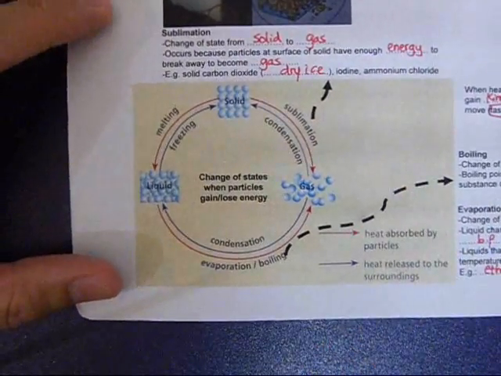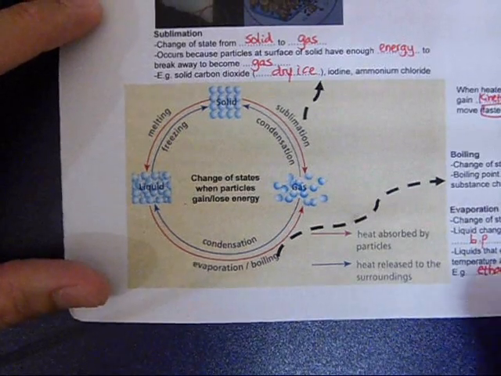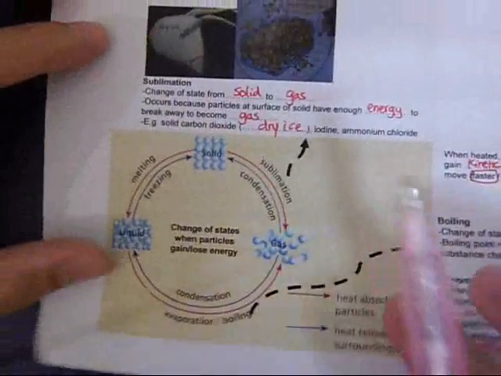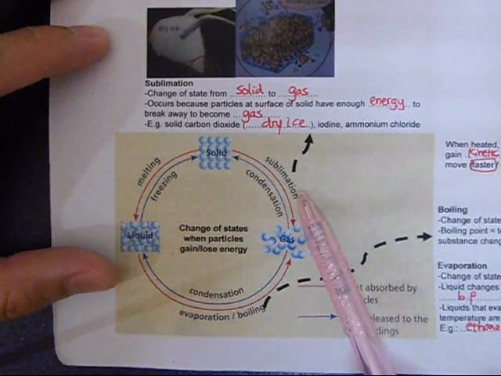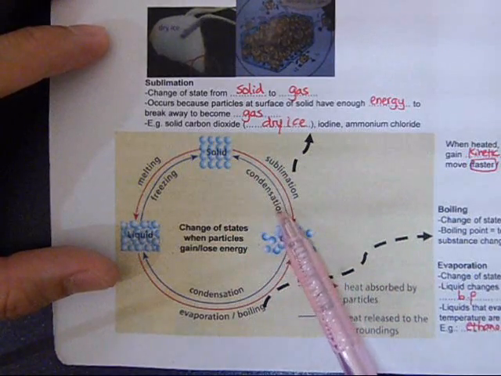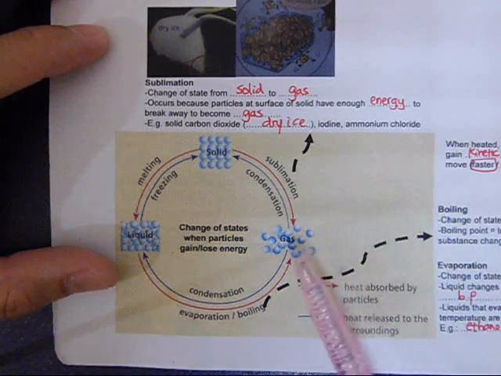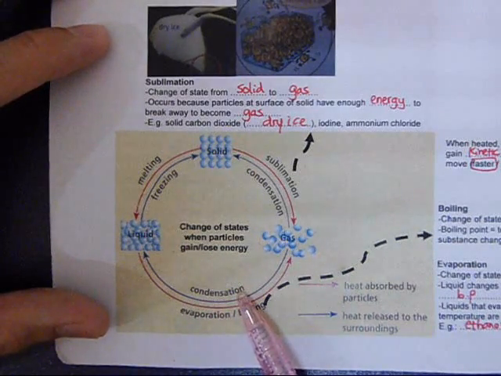Now let's look at this diagram here, the change of states when particles gain or lose energy. Now, something special here is sublimation. So sublimation is a change of state from solid to gas. Gas to solid is called condensation. It's the same as gas to liquid. You see, gas to liquid is also called condensation.